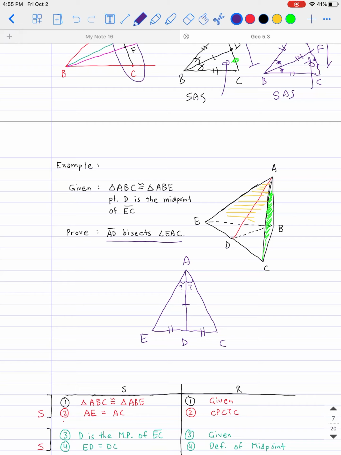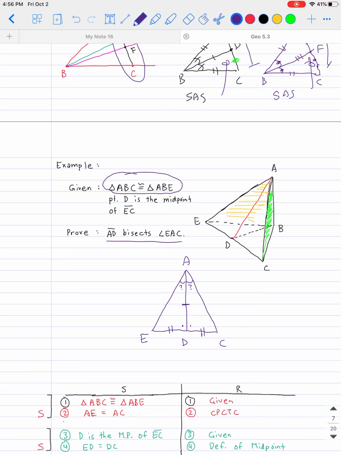And I know that these two triangles are going to have this guy right here congruent to itself because that's shared. Now, if I know angle ADE is congruent to angle ADC, that'll be great because I have SAS, but unfortunately I do not. What I haven't used yet is that the triangle ABC is congruent to triangle ABE. So those are the two side triangles right there.